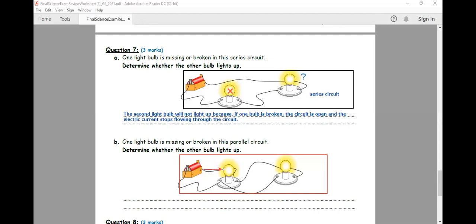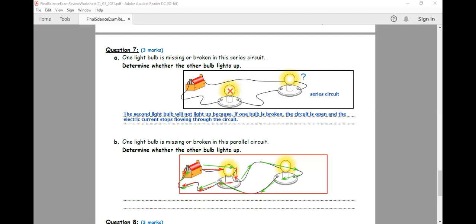The electrical current passes this way and back to the battery. We have two paths. Or it can go this way through the second light bulb and then back to the battery.